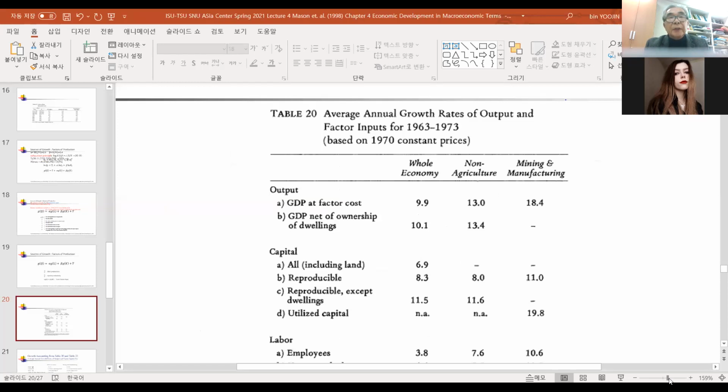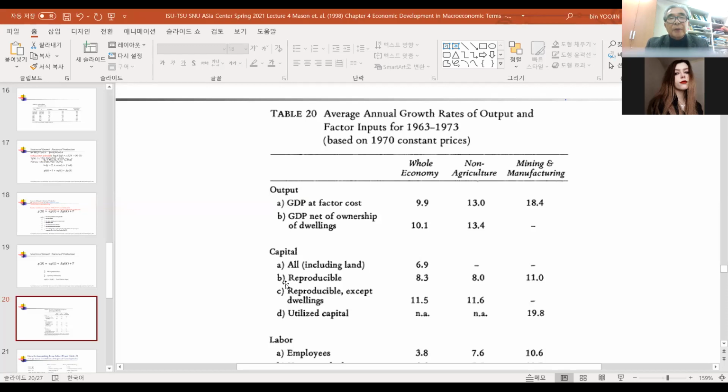If you see it here, I think to be very fair, you can choose among these A, B, C, D, alternative concepts of, for example, output and capital. So to make it simple, in output, you choose A. In capital, you choose B, reproducible capital, okay?